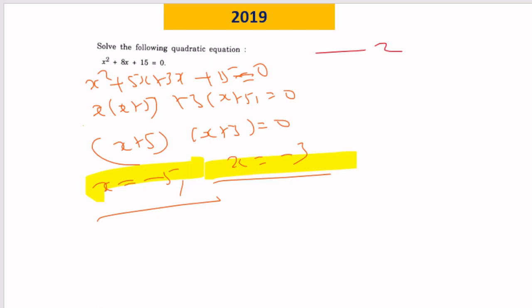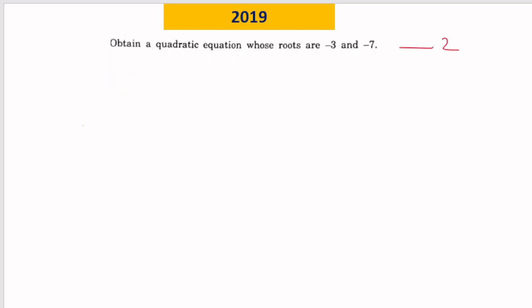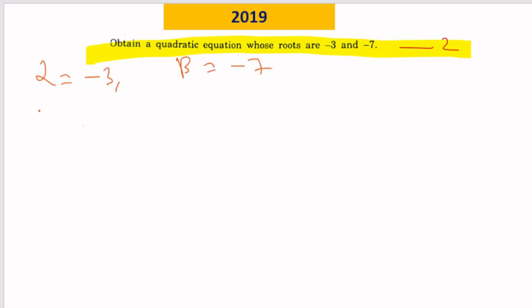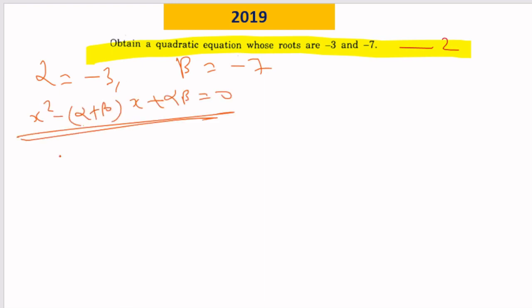If you've gone through my video already, this will be nothing for you. It's very easy. Now come back to this question. Obtain a quadratic equation whose roots are −3 and −7. When we're talking about roots, it means alpha is already given as −3, beta is already given as −7, and we have a formula. Frame the quadratic equation, substitute the values. So x² − (alpha + beta)x + alpha × beta = 0, with alpha −3 and beta −7, so (−3) × (−7) = 0.